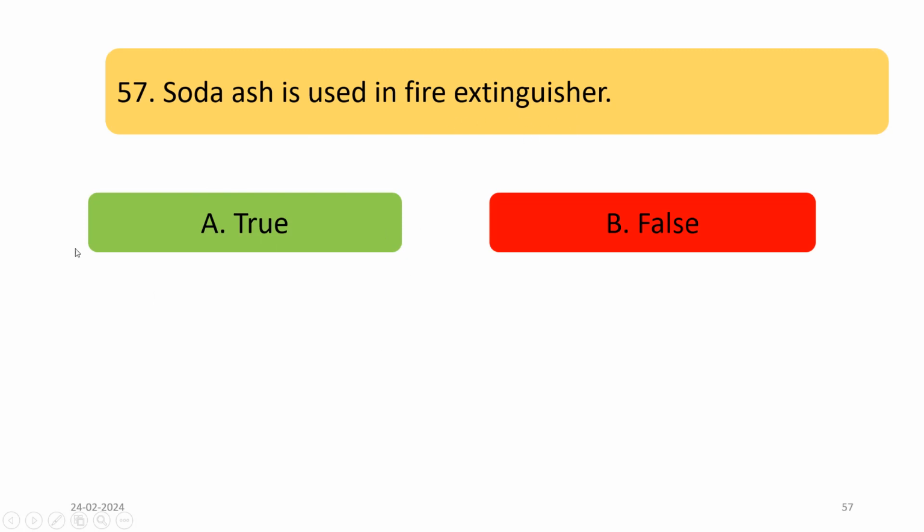It is one of the important products for baking powder. So these are two major uses of soda ash. So it is used in the fire extinguisher. Soda ash means sodium carbonate, that is Na2CO3.